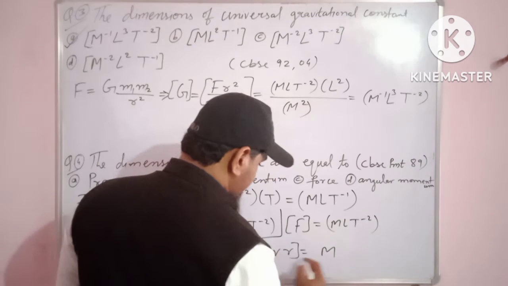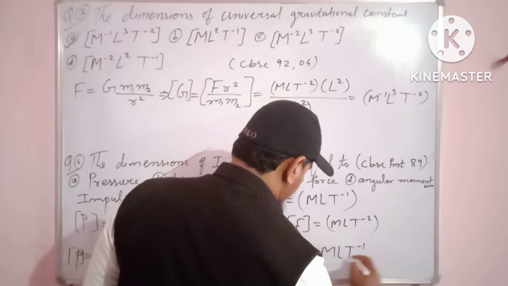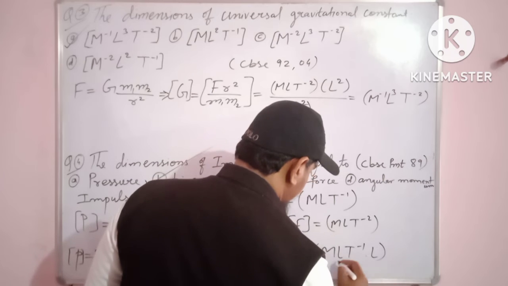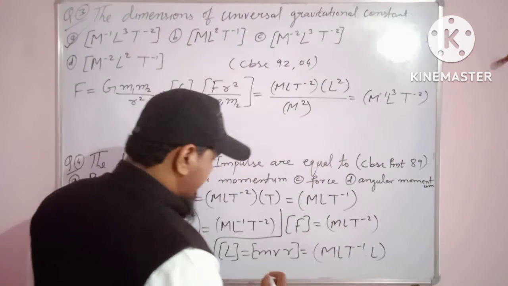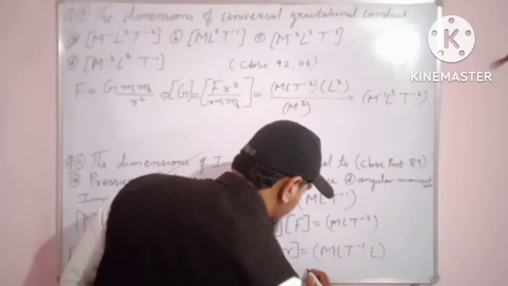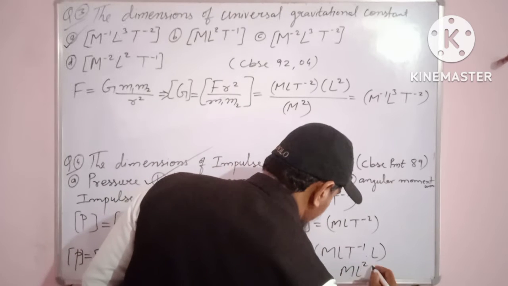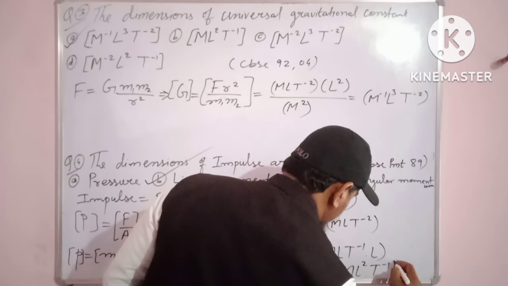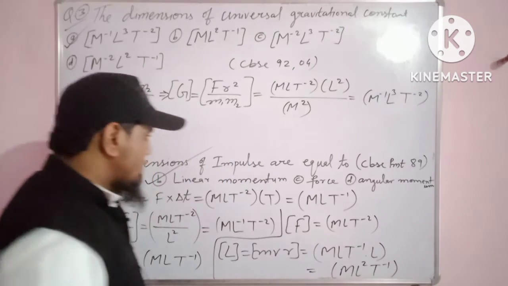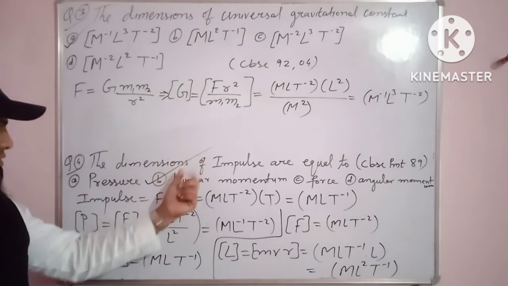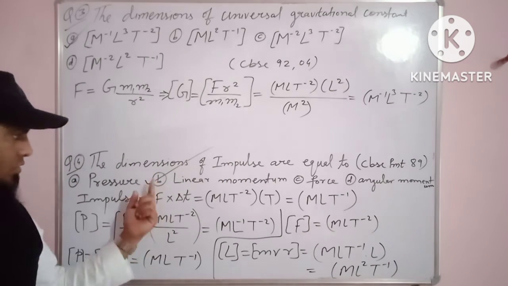M is mass, velocity is LT^-1, r is L. So the dimensions of angular momentum will be equal to ML^2T^-1. So the dimensions of impulse and linear momentum will be same. So option B is correct.